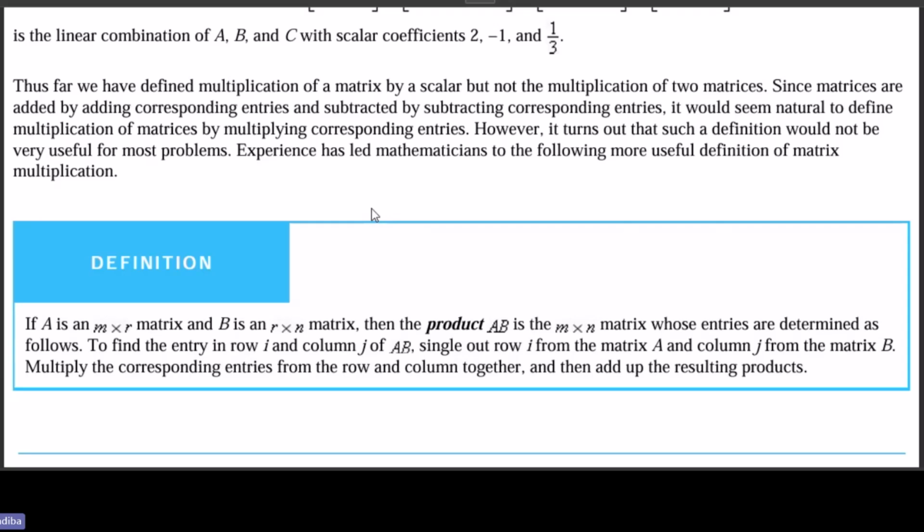Before we proceed, please allow me to say this. In order to multiply two matrices, no problem with addition and subtraction, we dealt with it.